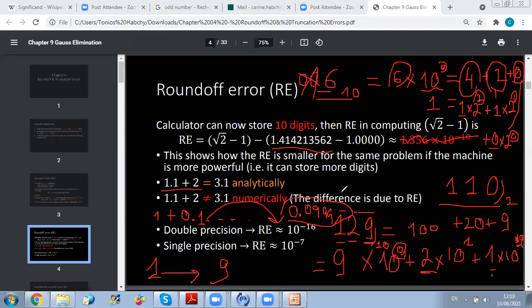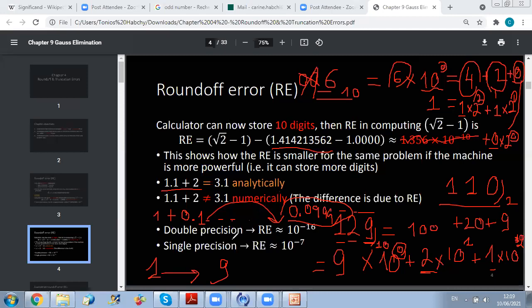So I will have a certain error, but of course the error will be very small. It will be maybe of the order of 10 to the minus 8. So it's fine for me if the error is of the order 10 to the minus 8.